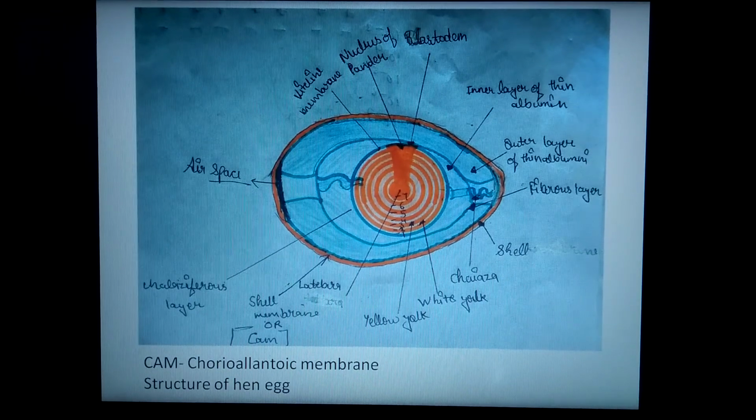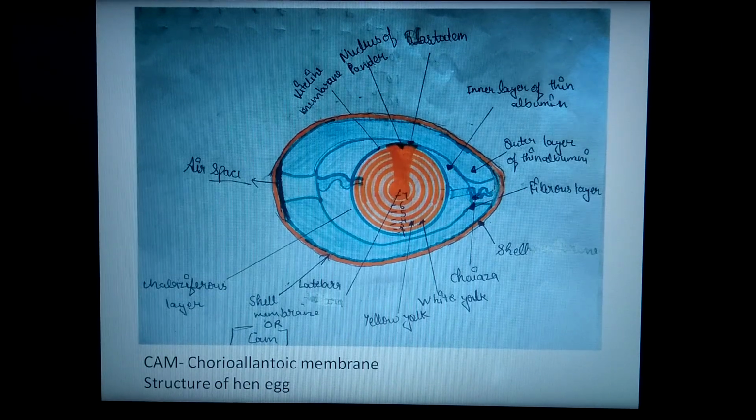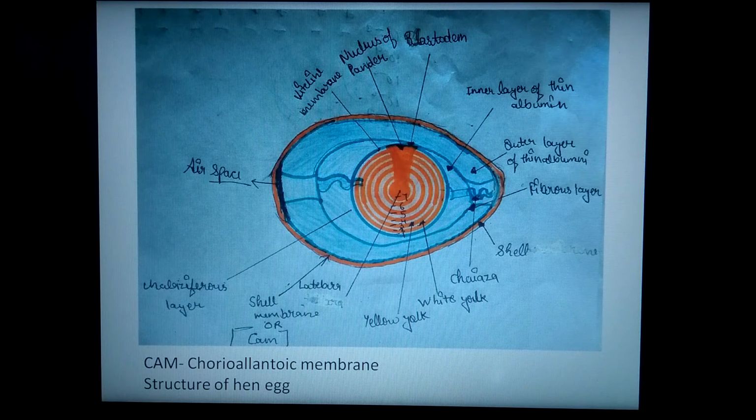Before we start the lecture, this is a diagrammatic representation of a chicken egg. It shows the various parts of the internal parts of an egg.